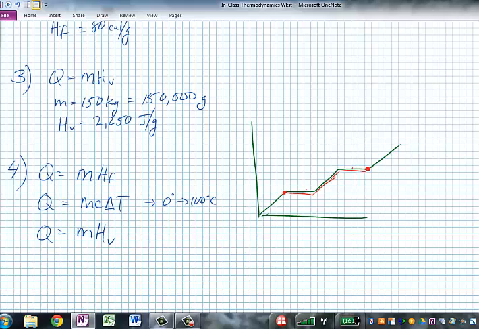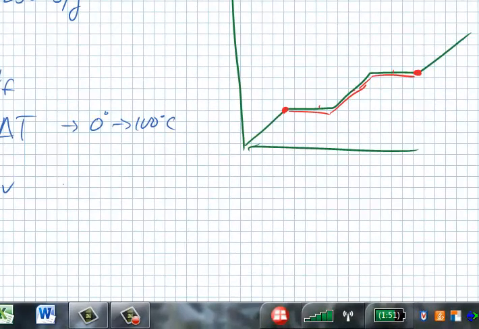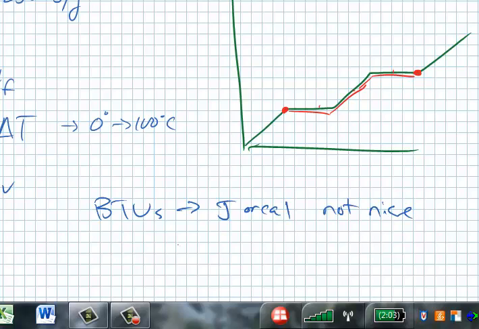Now, the tricky part of this problem is that the numbers are given to you in terms of BTUs and pounds, but also Celsius. Those units don't play well together, so we've got to change one of them. Converting the BTUs to joules or calories is not nice. So instead, conveniently, the temperatures we're dealing with, 0 degrees Celsius, we know is the melting point of water, which is 32 degrees Fahrenheit.